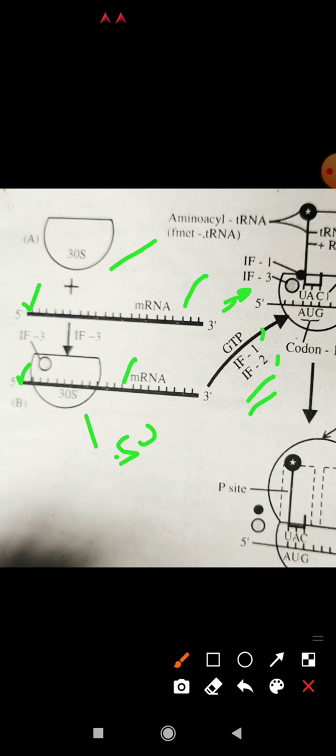So see here, protein formation initiation takes place by selection and transfer of the first amino acid to the ribosome. It requires a small subunit of ribosome, then amino acid tRNA complex, which we have just seen how it is formed.